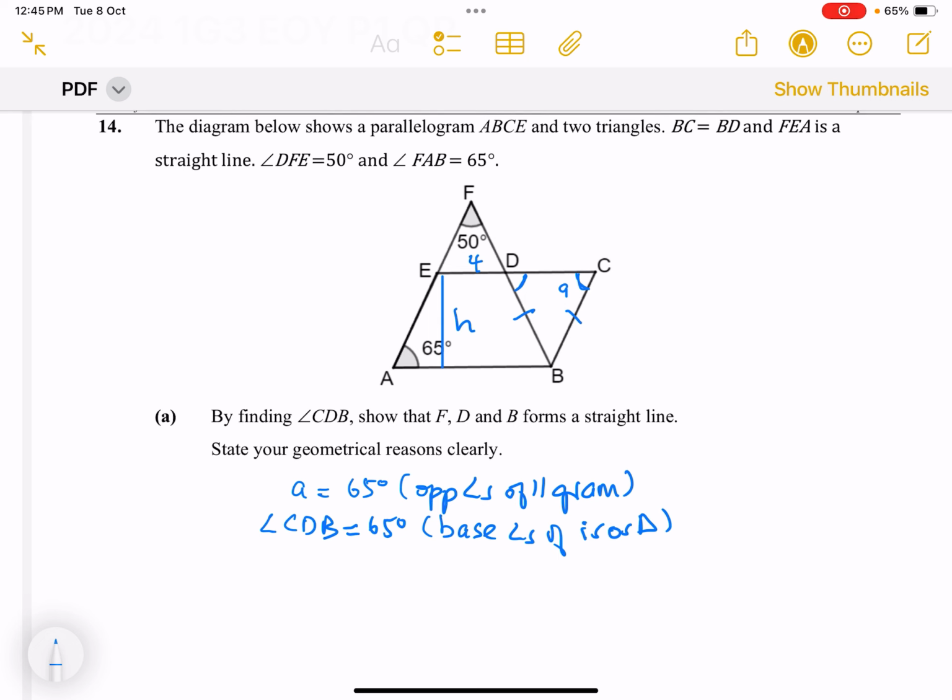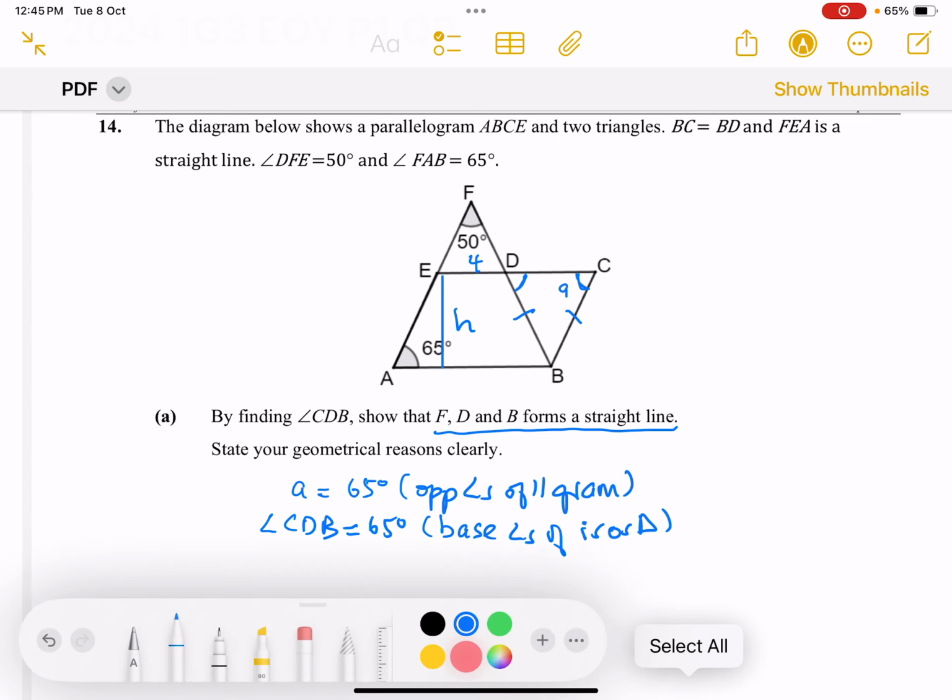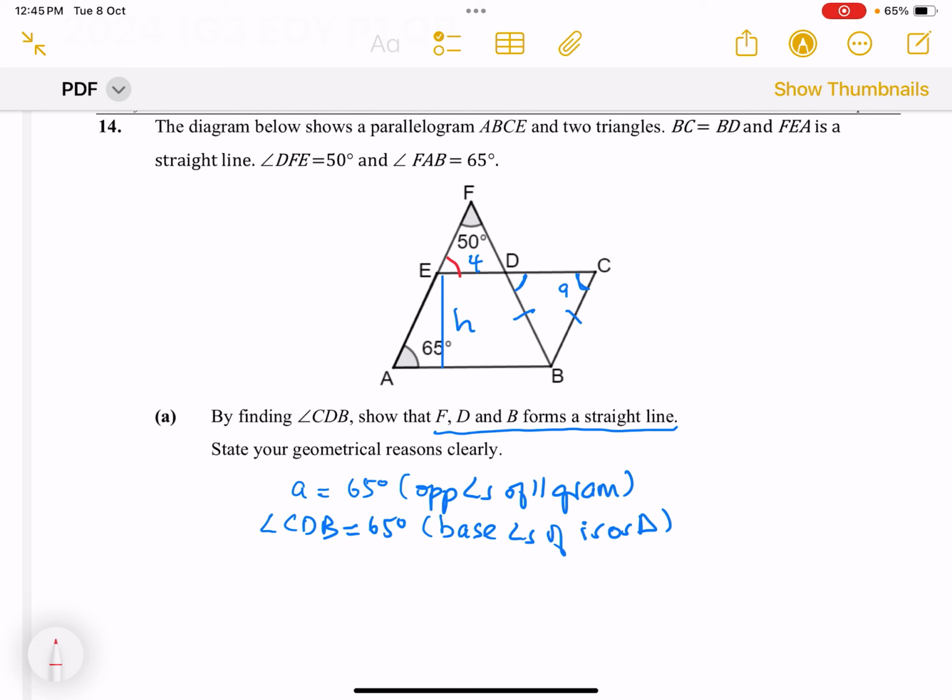Right, now we need to show that FDB forms a straight line. We cannot use any rules to show that directly. To show that it is a straight line, we need to show that FDE and CDB are vertically opposite angles. So we need to find angle FDE. To find angle FDE, we first find the angle FED.